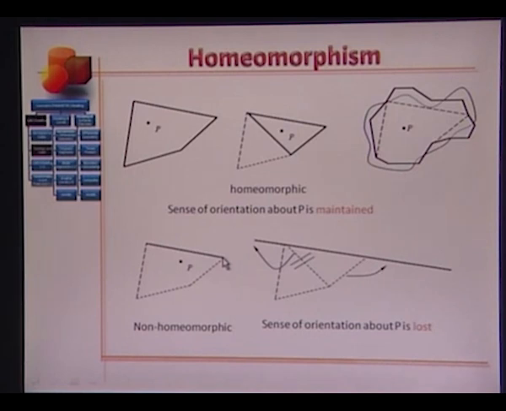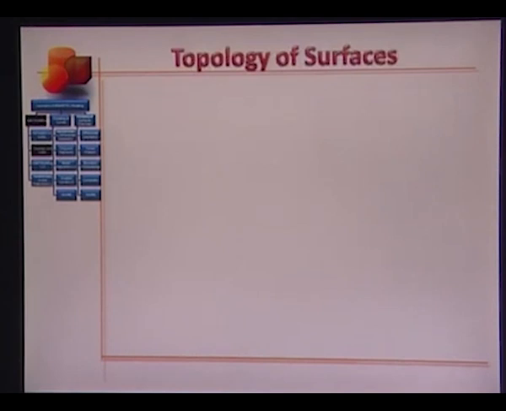What you would observe is that when you had gone from bottom towards top, point P was towards the left, and when you traverse backwards, point P is now towards the right. So the sense of orientation about P, which was there in these closed polylines, is now lost. So we would say that a straight line is not homeomorphic to these closed polygons.